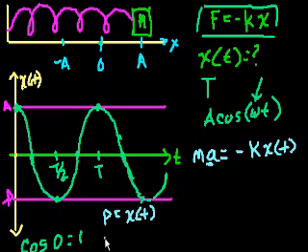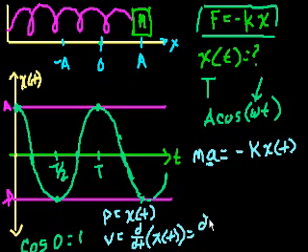My velocity at any given point is going to be the rate of change of this function with respect to t. So I could write that as dx/dt.